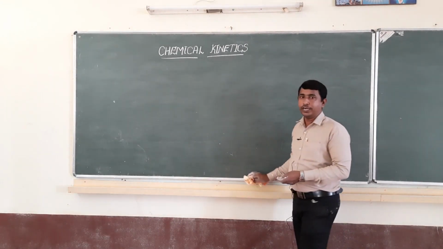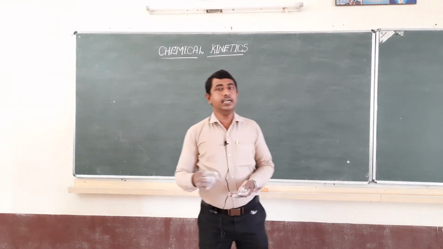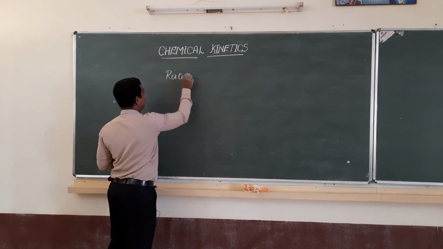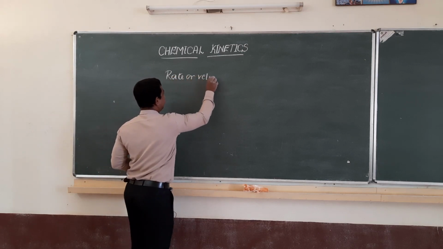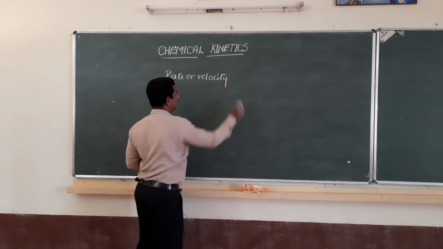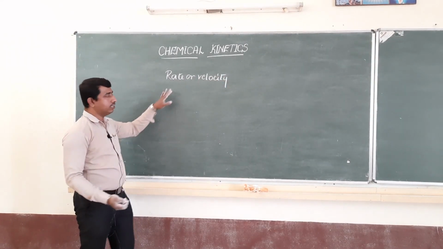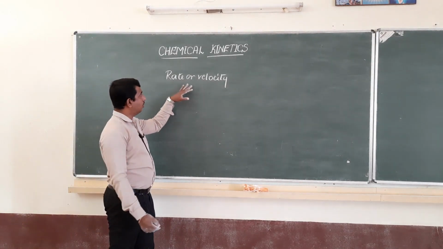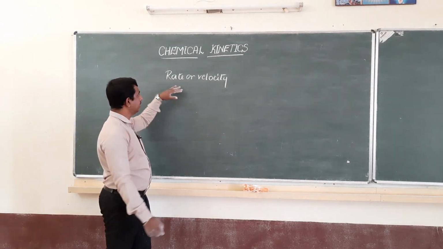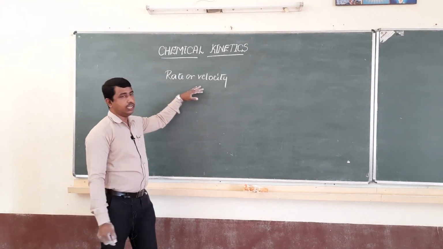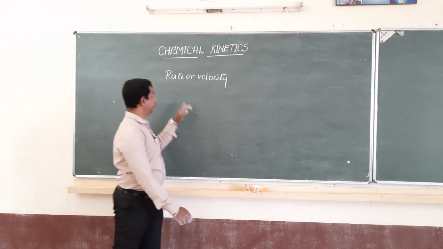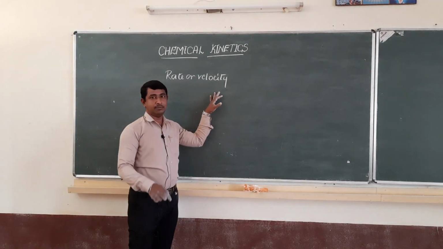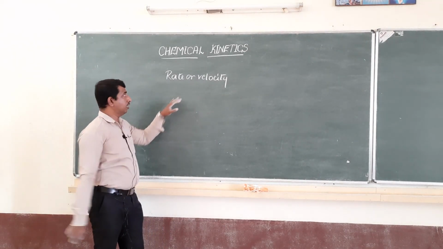So till now, what have we studied? In the beginning, I told you about rate or velocity. Rate is the change in the concentration of a reactant or a product in a unit time. It is called the rate, velocity or speed of a reaction. Rate of a reaction can be expressed in terms of reactant or product.